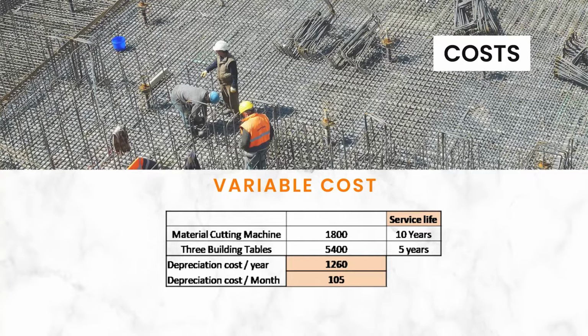The fixed assets which will be depreciating, like the 3 building tables and the material cutting machines, with service lives of 10 years and 5 years, give a depreciation cost per annum of 1,260.